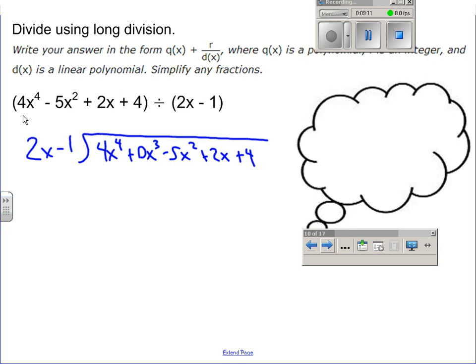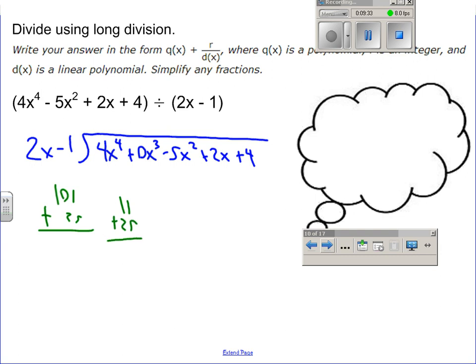Otherwise, I will ignore a whole column. Just like if you're doing 100 plus 20, let's actually say 101 plus 25, if you don't include the 0 placeholder, you end up actually doing 11 plus 25. Same thing here.